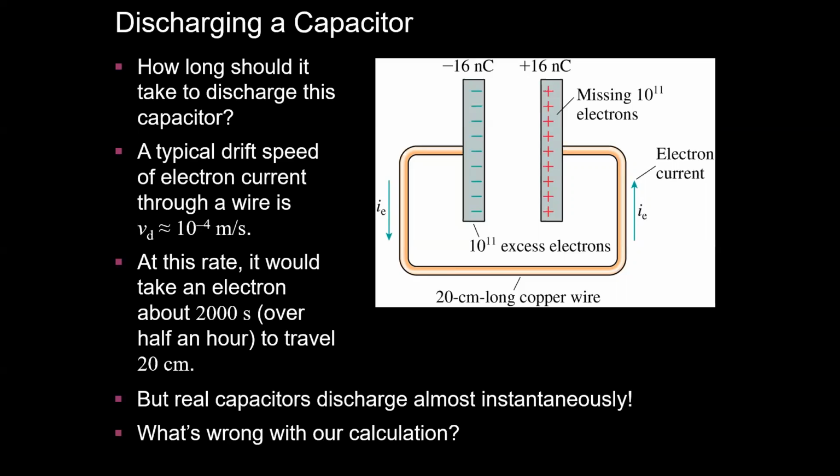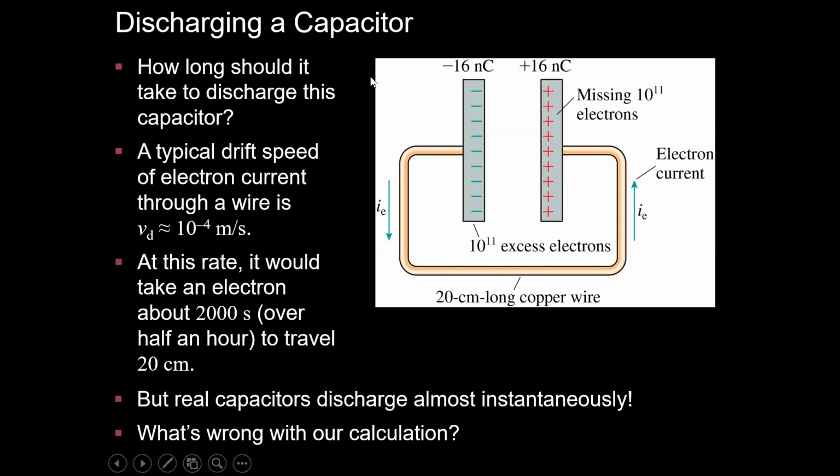So it takes over 2 minutes for an electron to travel a single centimeter. And if you consider an average size wire that's maybe a foot long, it would take over half an hour for a single electron on one plate to travel the entirety of the wire to the other plate.